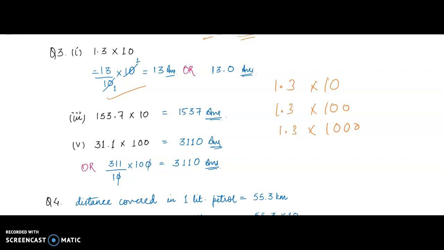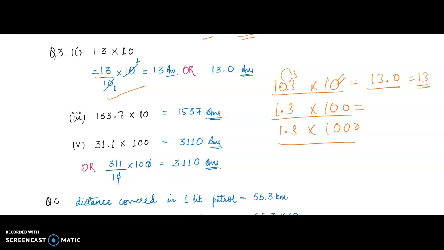Let us say I am multiplying 1.3 by 10, by 100 and by 1000. This decimal will shift to the right by as many places as there are zeros, here 1 zero, so 1 place. This is equal to simply 13.